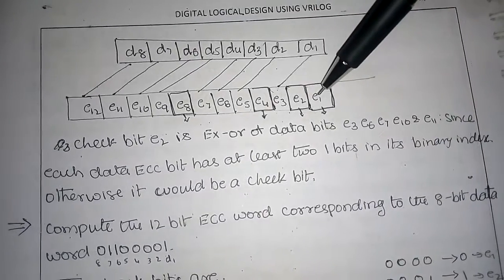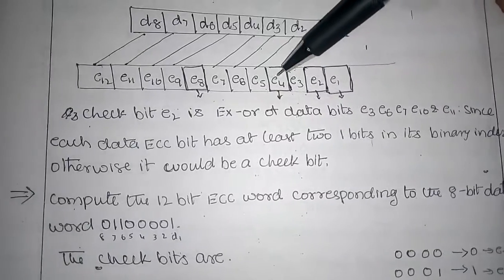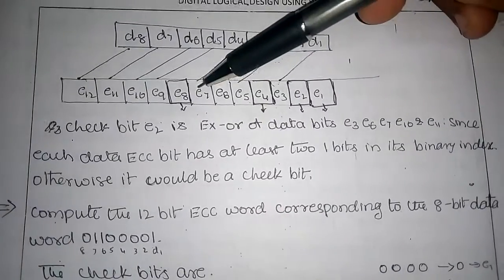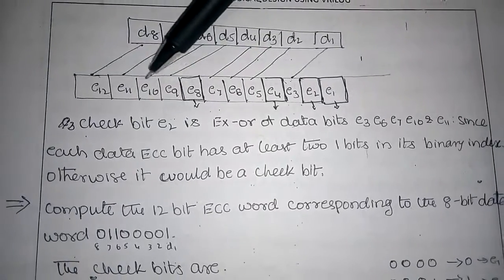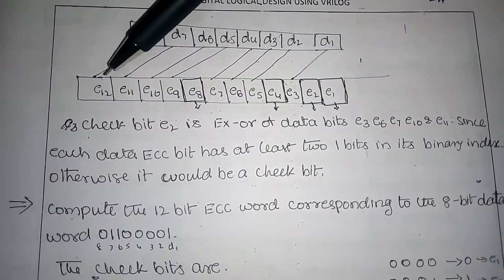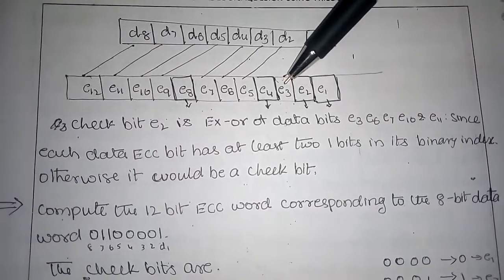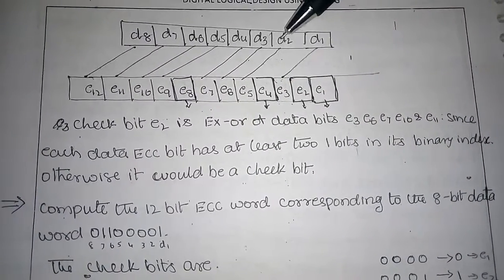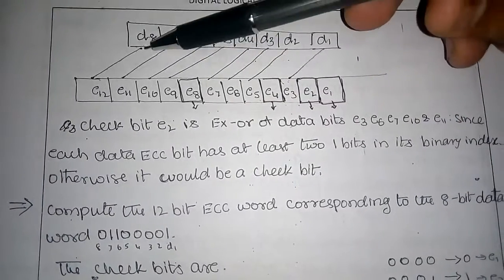The error bits are E1, E2, E3, E4, E5, E6, E7, E8, E9, E10, E11, E12. D1 is connected with E3, D2 is connected with E5. Like this, each and every bit is connected.